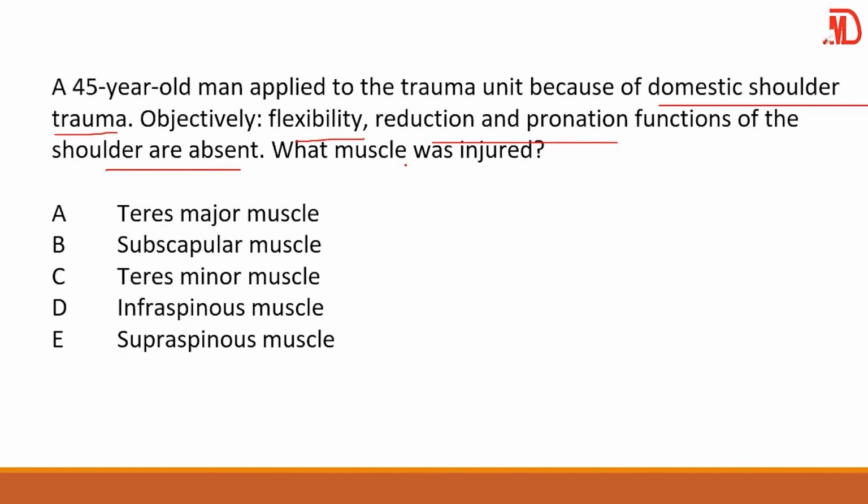You think of the muscles involved in the shoulder joint, and the thickest one is the teres major. So here we are looking at A. There's no flexion, no pronation, everything is absent. So we are talking about A.